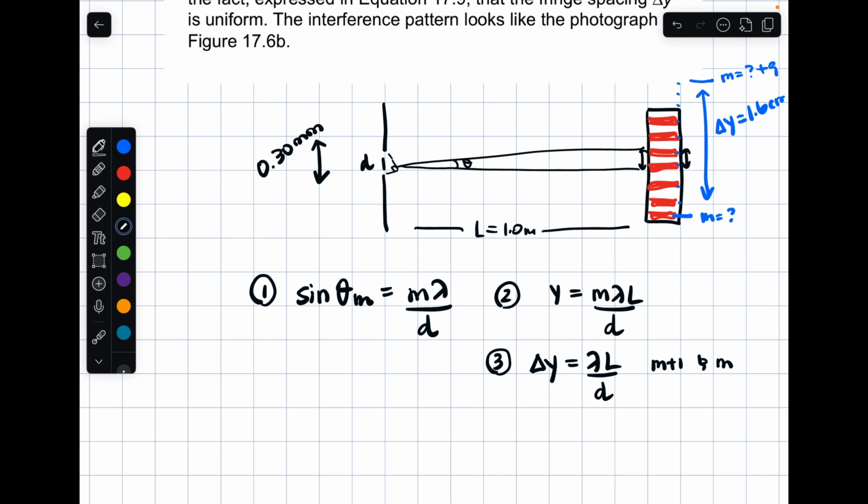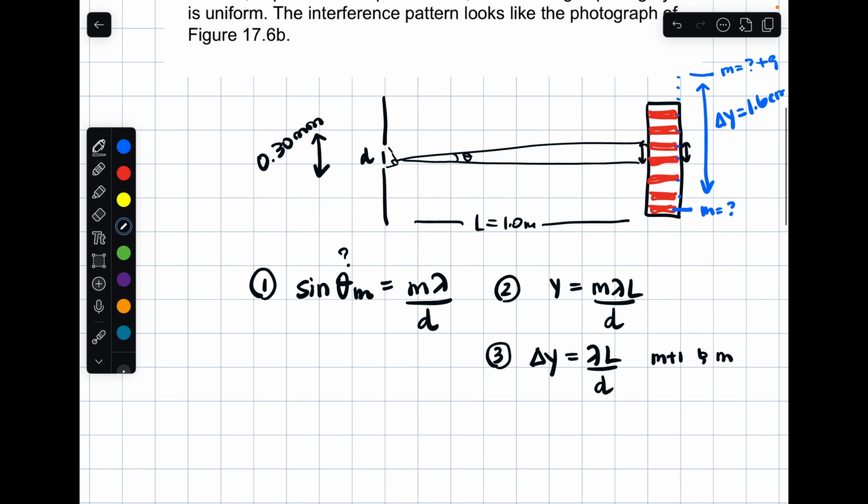So if we look at equation 1, we don't know the angle, so we couldn't figure out lambda from there. And we also don't really know m, because we only know the relationship between those two fringes. We don't know what order those fringes actually are. Number 2, we have something that looks like y, but we don't know that order m again.